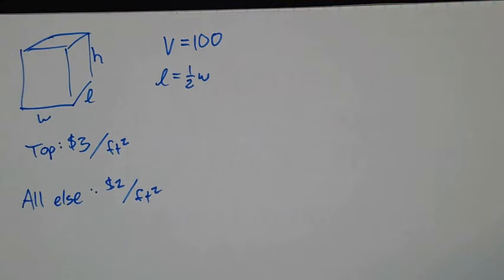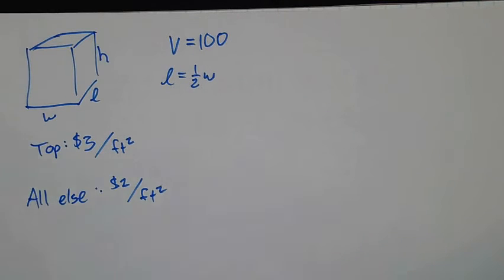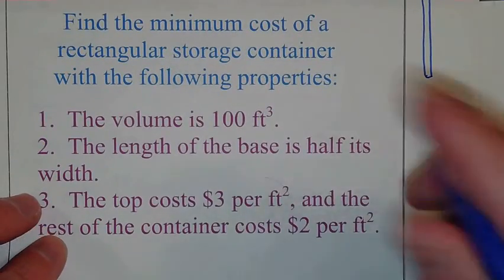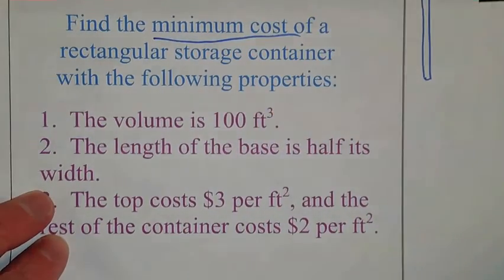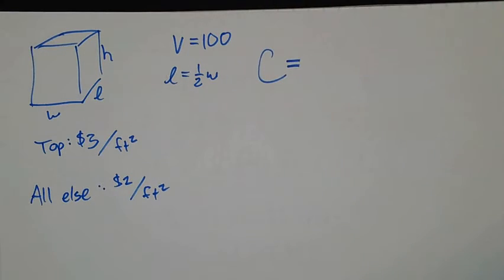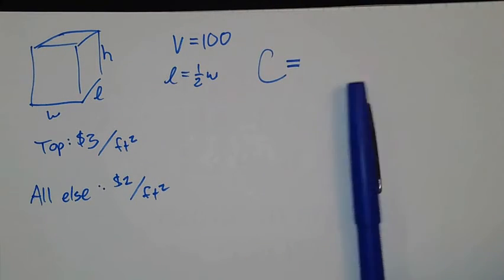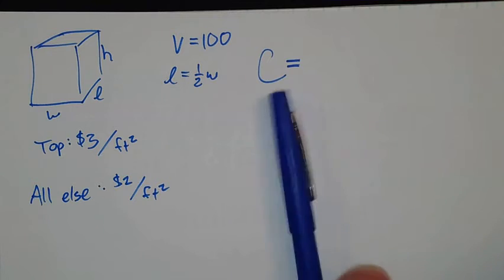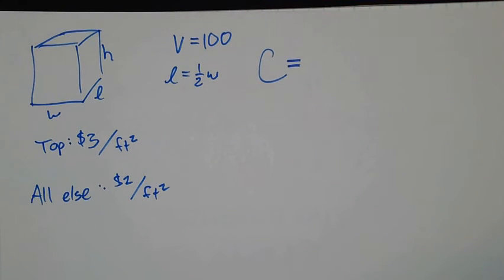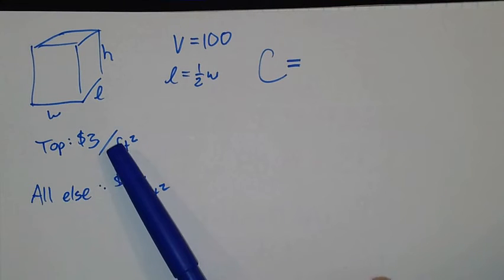So I'm just writing down information, but one of the pieces of information that I have not written down is the most important piece of information, and that is I'm doing an optimization problem where I'm trying to minimize that cost. I need a cost equation. This will ultimately be the equation that I differentiate. All the rest of this stuff is just going to go into this and help me figure things out. All right. So my cost equation, I have to factor this in.